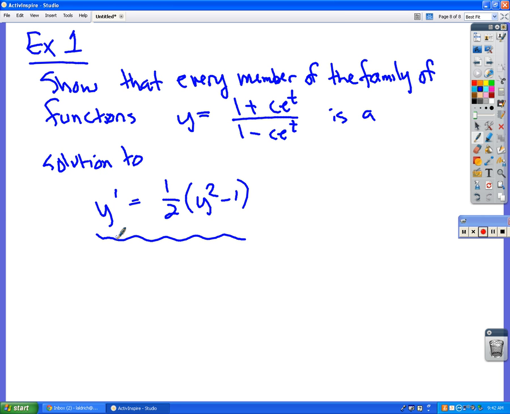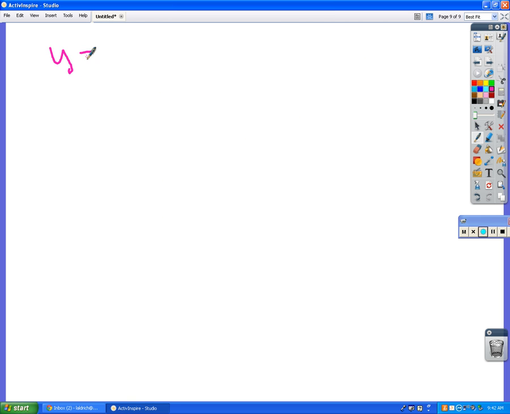Because when you're solving differential equations, you don't necessarily get numbers as answers, you get functions. So what we're going to do is start with this and show that it fits into this format right here. So I'm going to start with what I have: y equals 1 plus ce to the t over 1 minus ce to the t.